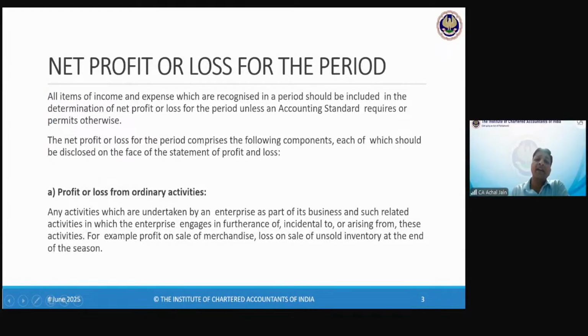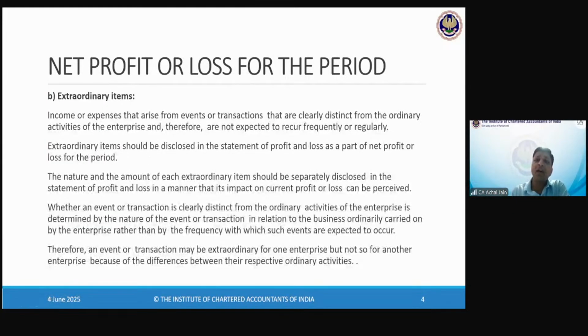So extraordinary, as the terminology also suggests, is anything which is not in the normal course. Of course, here the amount involved should also be significant. Because these are not in the normal course, this is not something you get to see every now and then. It is not frequent.